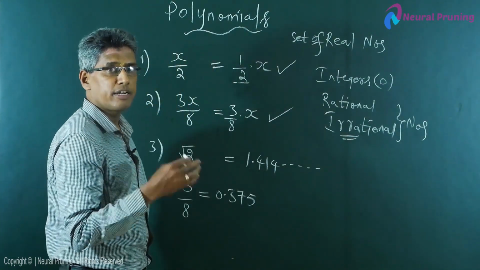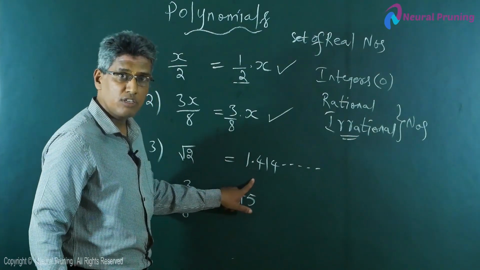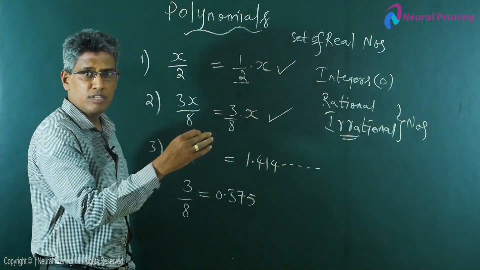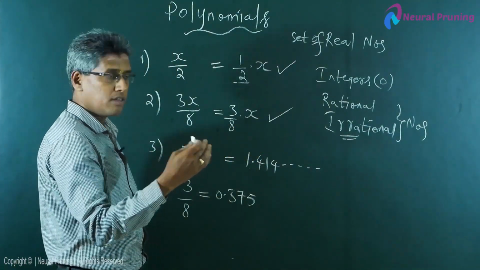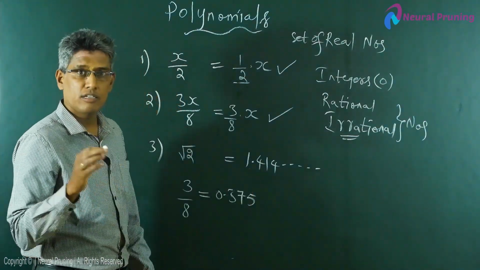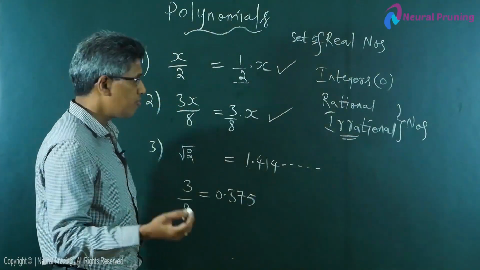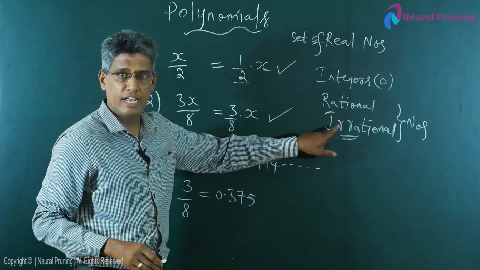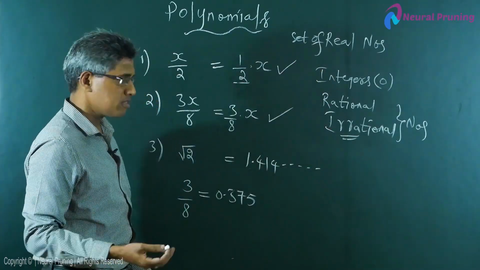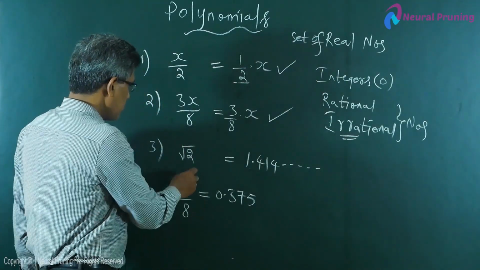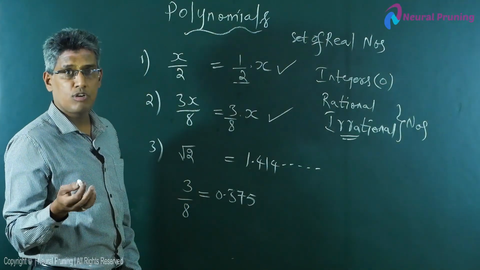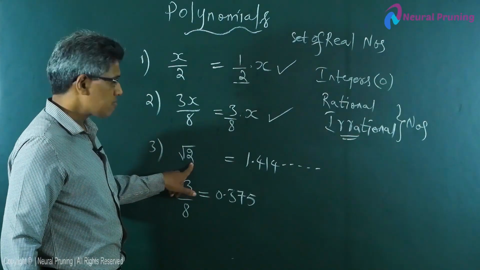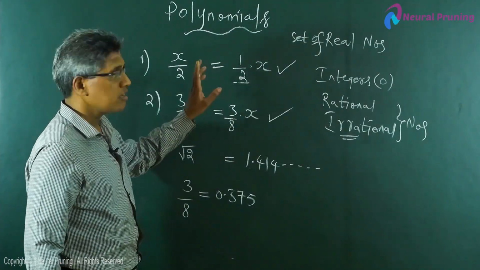This is point number 1: it doesn't terminate, that's why it's called a non-terminating decimal representation. Secondly, you don't have any block of numbers that repeat or recur. So it is non-repeating and non-terminating. This is the basic definition of an irrational number. Now root 2 is an irrational number, and irrational numbers belong to the set of real numbers, and we have already observed that the constant term or the coefficient of any variable could belong to the set of real numbers. On this basis, root 2 could be called a polynomial.